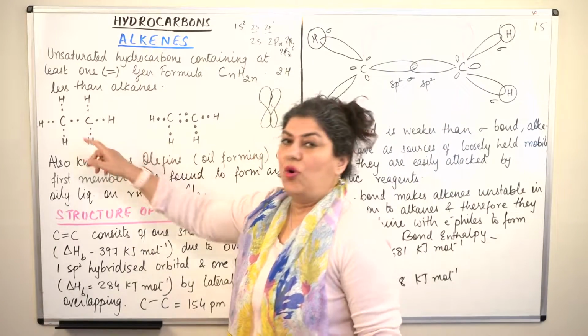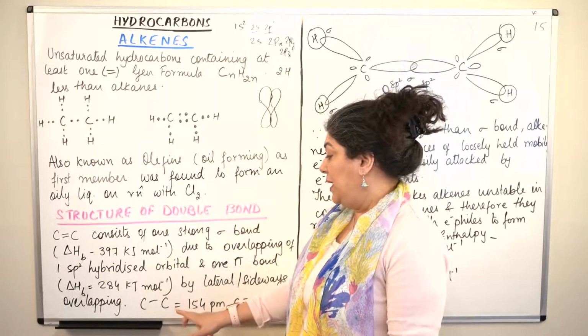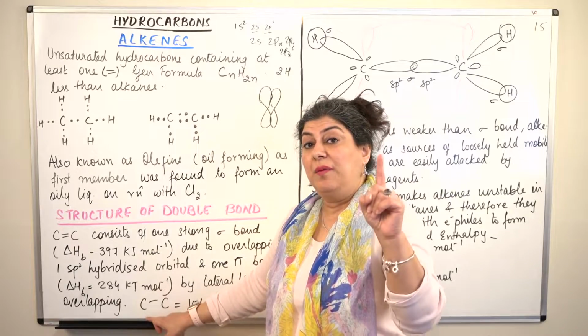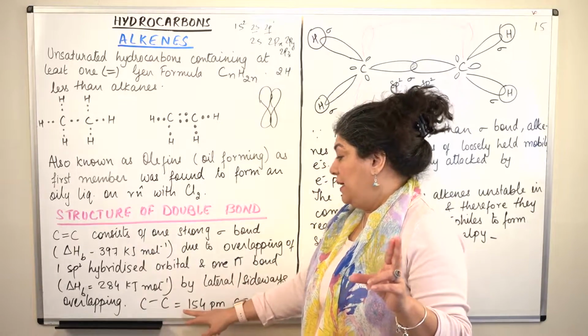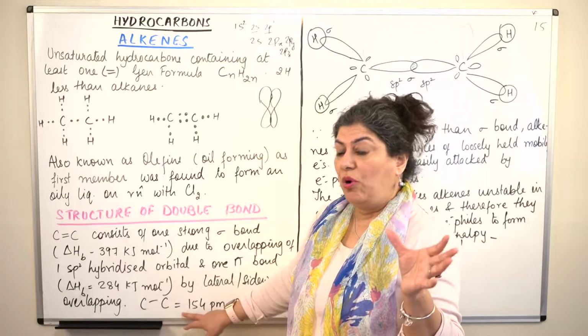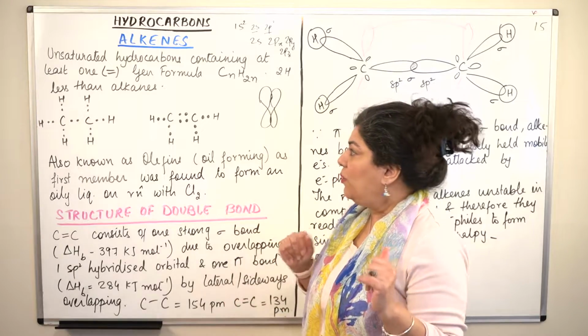In alkanes, or even in alkenes where there are carbon-carbon single bonds, what would the bond distance be?